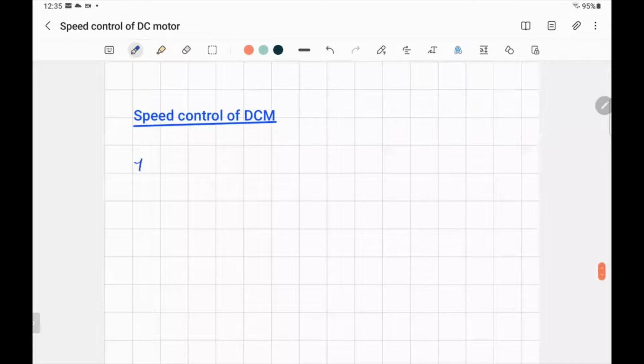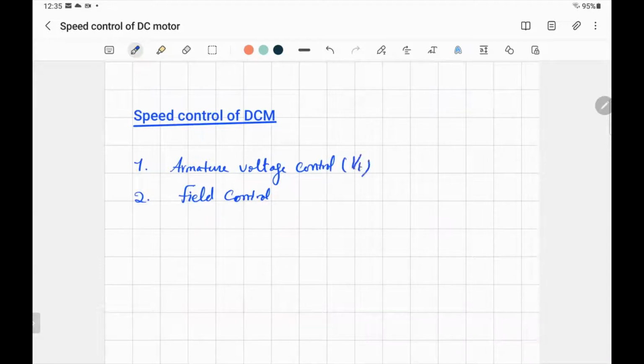The first method is called armature voltage control. The second method is by controlling the field, called field control. In armature voltage control, we change the terminal voltage. In field control, we change the flux by changing IF.